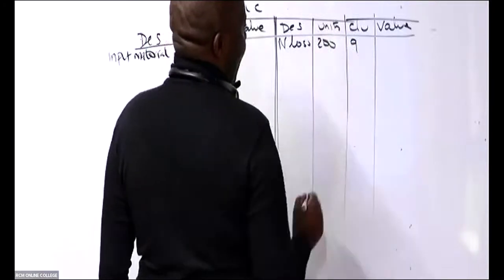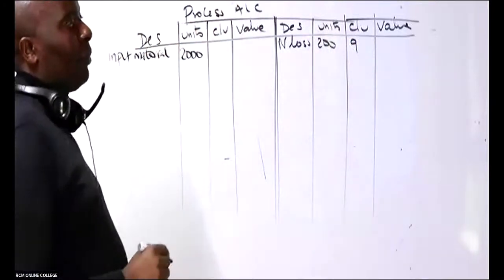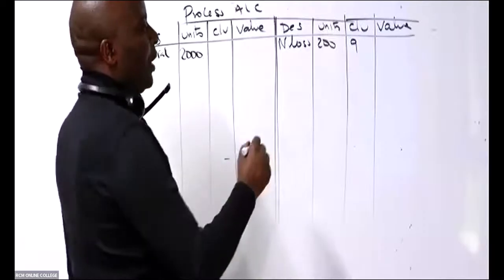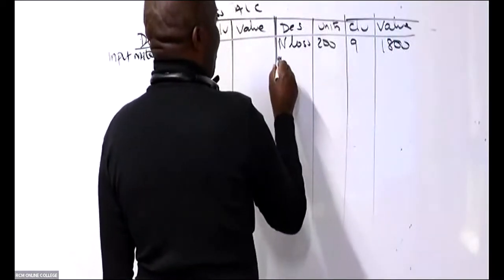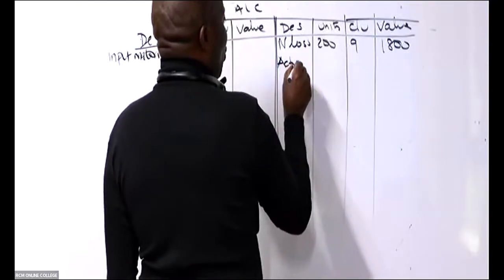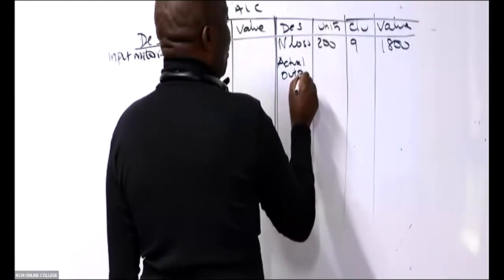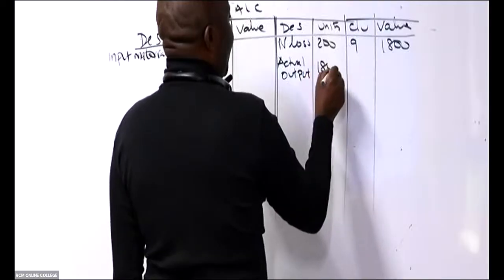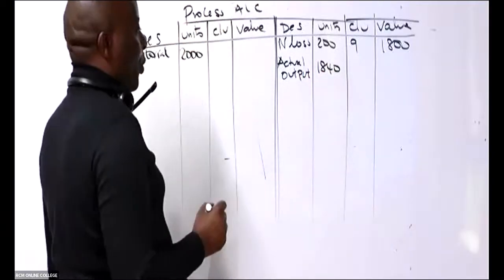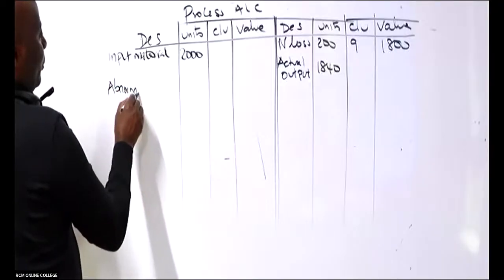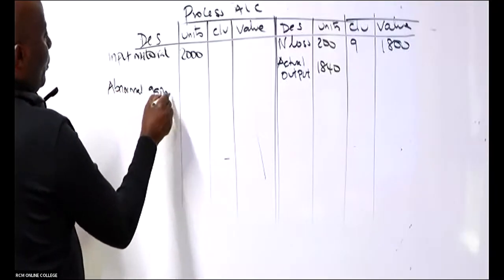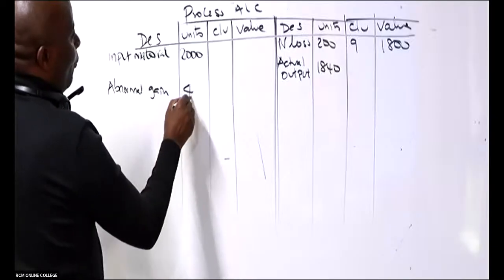And they have told us we are scrapping at 9 bob, so 200 times 9 gives me 1800. We have actual output of 1840, and an abnormal gain of 40.